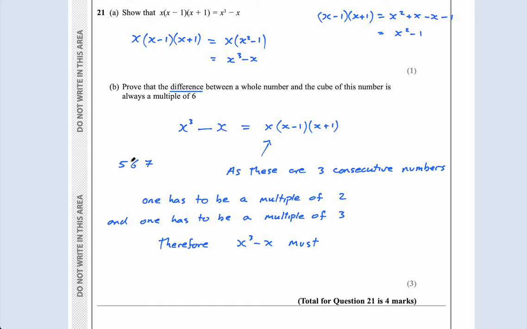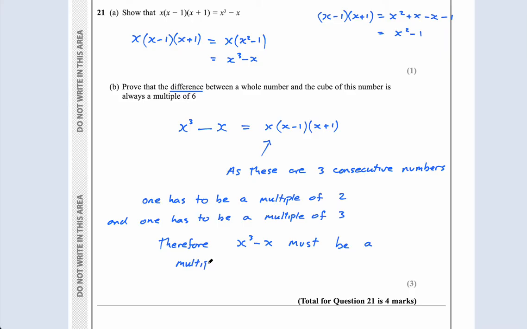By the way, if the even number is a multiple of 3, then it's also a multiple of 3. So this number is 5 times 6 times 7. It's the 3 numbers multiplied together. So if one of these is a multiple of 2 and another is a multiple of 3, then the whole thing must be a multiple of 6.